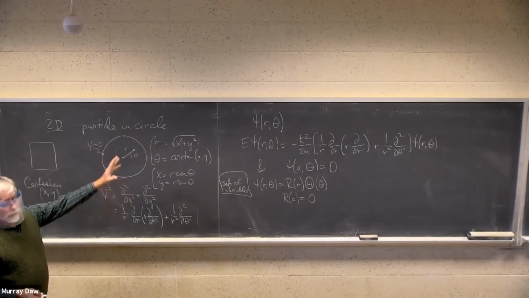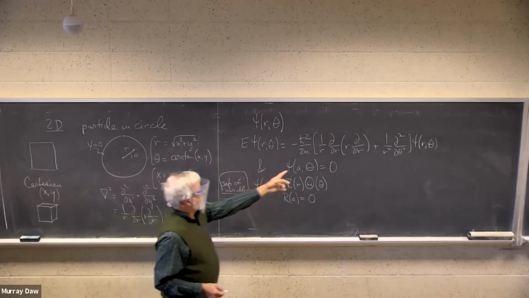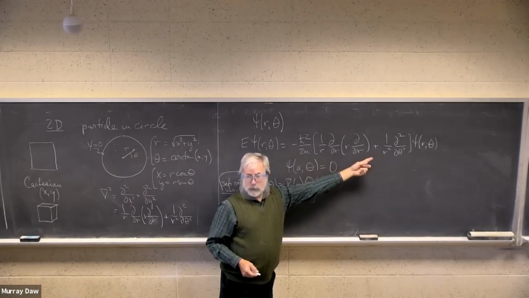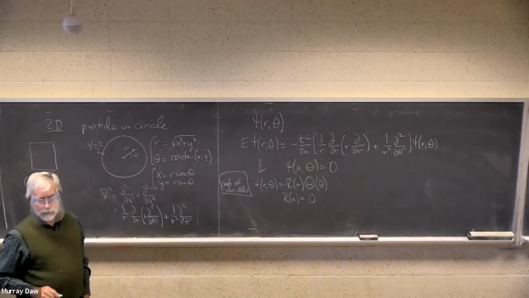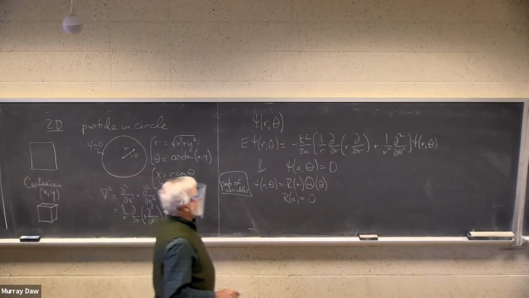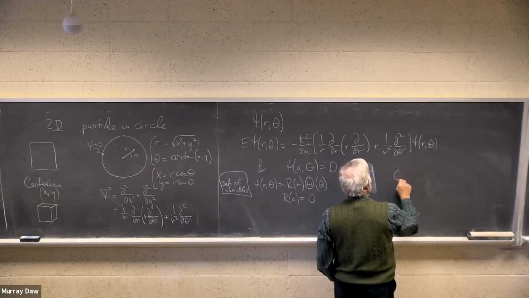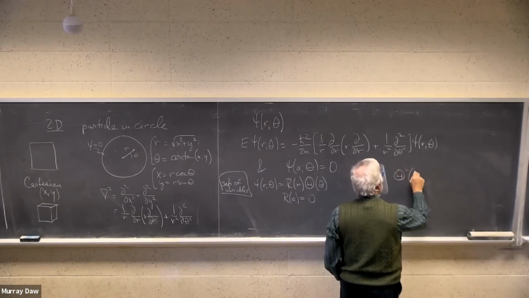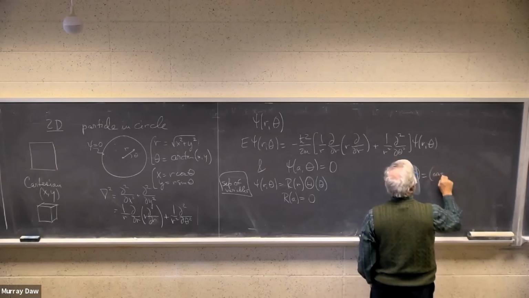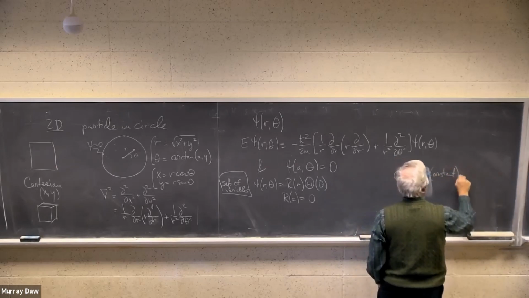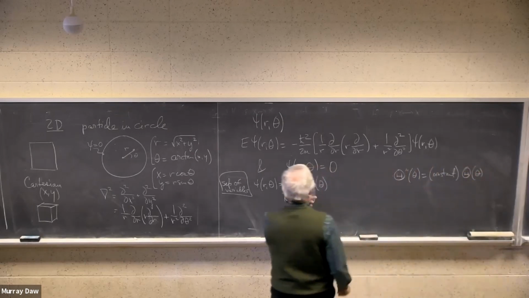So I don't want to go through all of this, but it's basically the same idea I showed you before, except that this operator is now a little different than what we were dealing with before. So I don't want to look at the radial part, but let's just look for a moment at the angular part. When you do the separation of variables, this symbol here that I'm writing is like a capital theta.